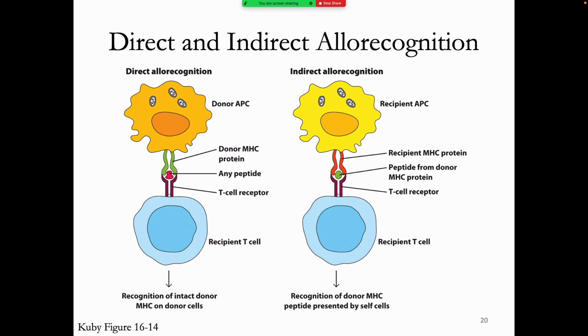And so this foreign MHC just looks like a foreign peptide and turns on the T cell. What I've shown you here is known as direct allorecognition. What can happen is that sometimes the cells of the graft are presenting on whatever their MHC type is, and the T cells see that and think it is self-MHC plus peptide.